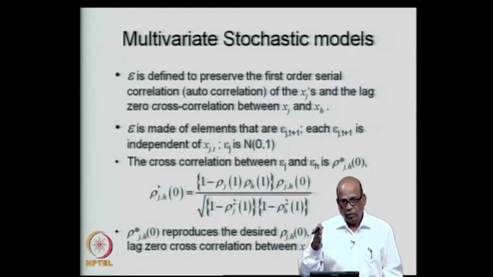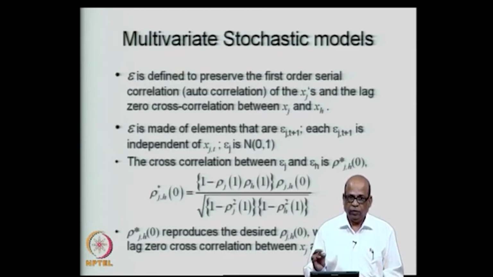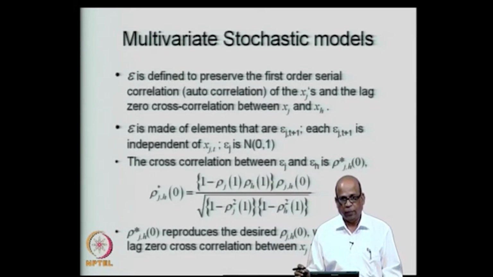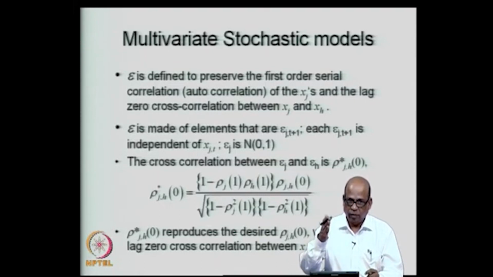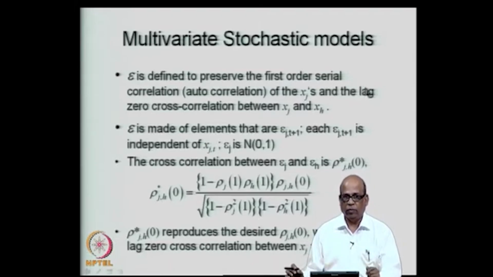One, the time dependence of the data at a particular site, which is given by the lag 1 autocorrelation. Then the space dependence based on the data dependency on other sites, that is reflected through cross correlations. So, you need to preserve the lag 1 autocorrelation as well as lag 0 cross correlation. That is how we define epsilon.